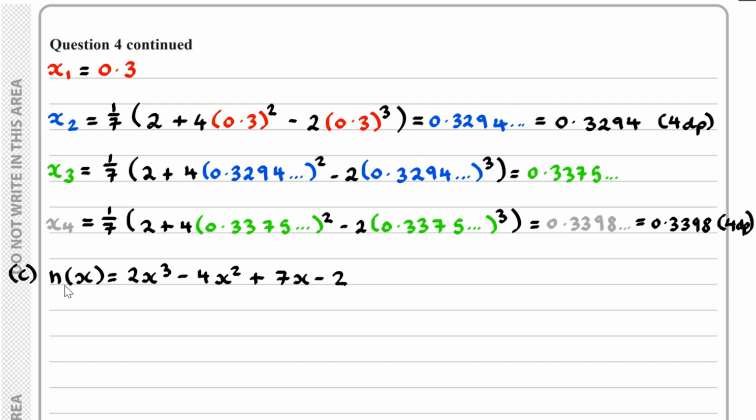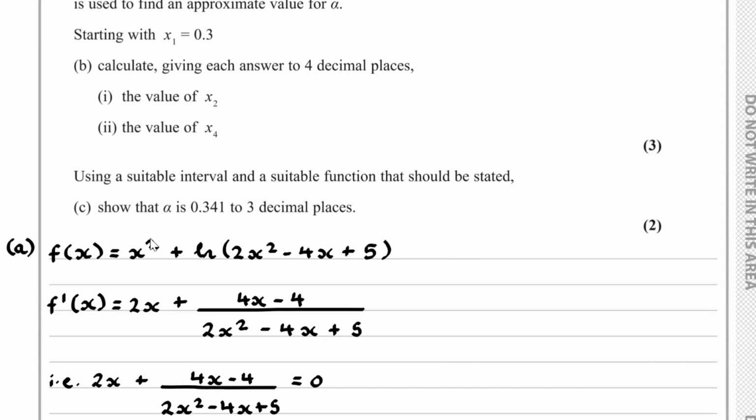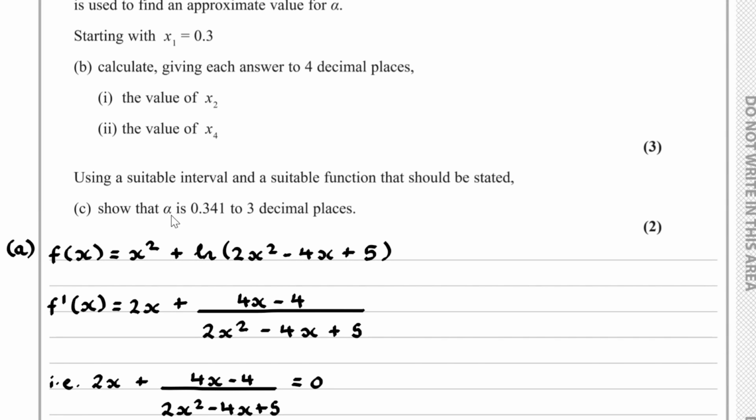And of course we are solving h of x equals 0. Now, in terms of the interval we will use, if we pay attention to what we want to show alpha is, we want to show alpha is 0.341 to 3 decimal places.